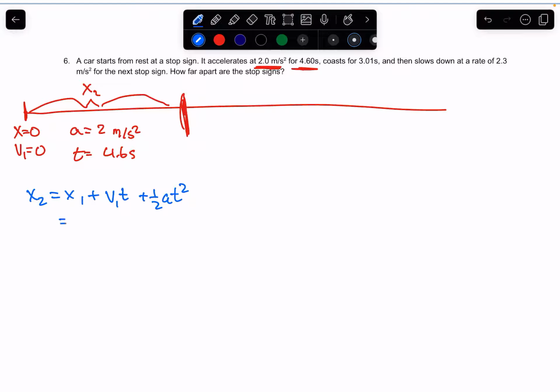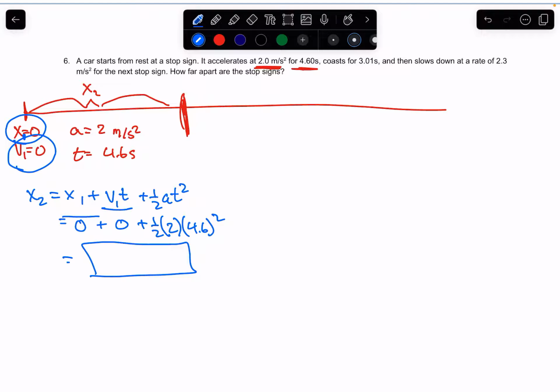Well, x1 is 0, because it's starting right here. Plus, what's the initial velocity? That's 0. So these two terms just drop off. Plus 1/2 times 2 times 4.6 squared. That's going to give you how far he travels in this first segment.